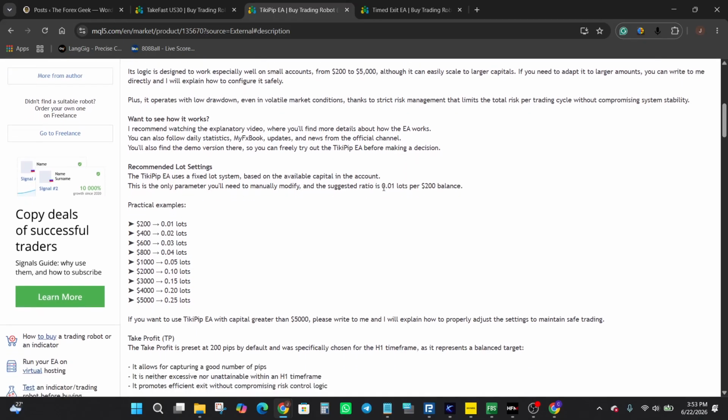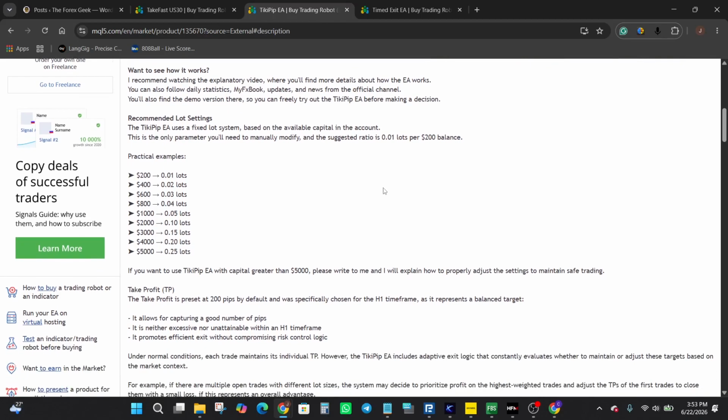The developer provides a suggested fixed lot sizing model recommending 0.01 lots for every $200 of account balance. This creates a straightforward framework that traders can follow without needing complex position sizing calculations.